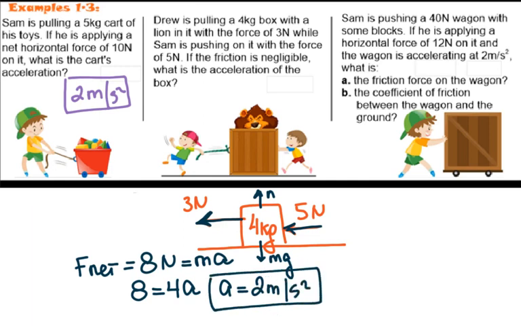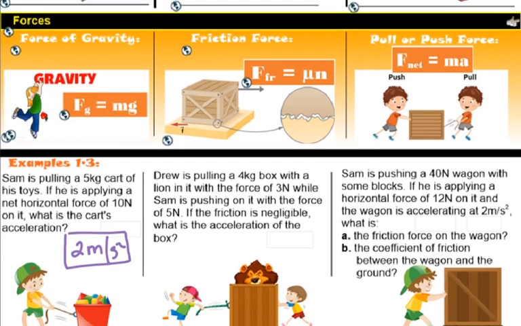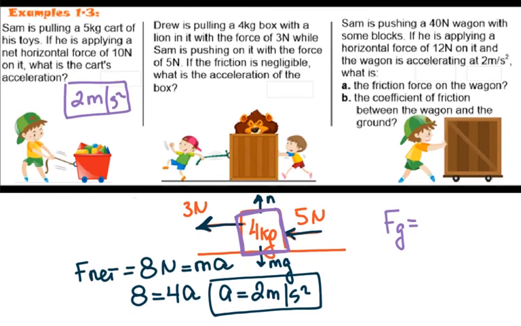But before we move on to the next question, I want to ask you, what is the force of gravity acting on this box? Let me go back and look at the formula. What is the force of gravity? Oh, force of gravity is mass times acceleration due to gravity, so I can say it is mg.